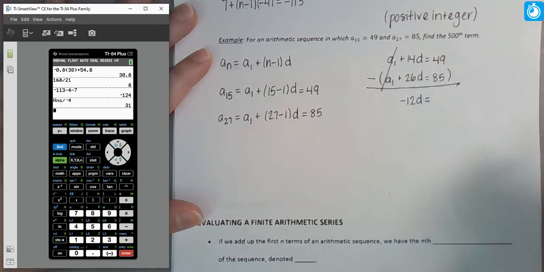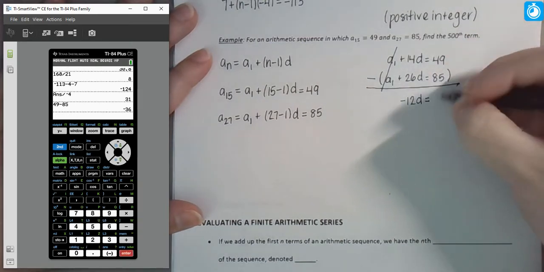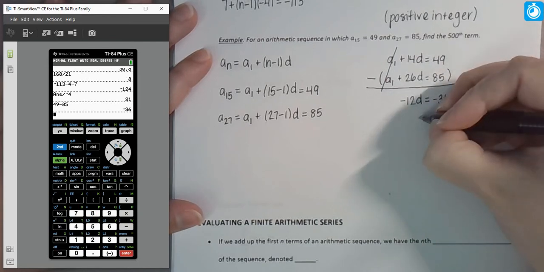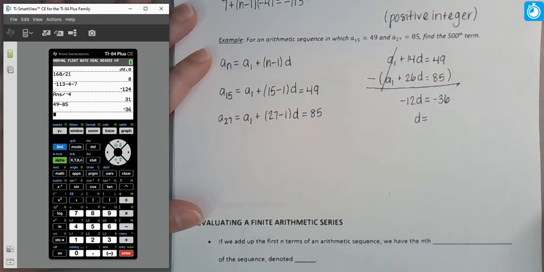And then on the other side, I have 49 minus 85, because keep in mind, everything is subtracted. And so that's going to give me negative 36. So if I divide by negative 12, negative 36 divided by negative 12 is going to be 3.